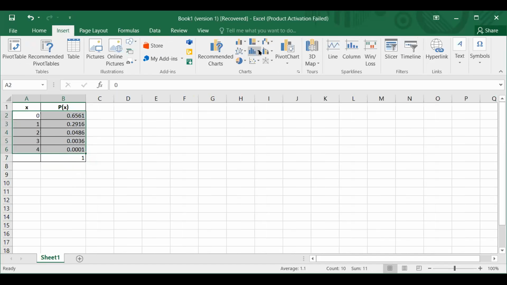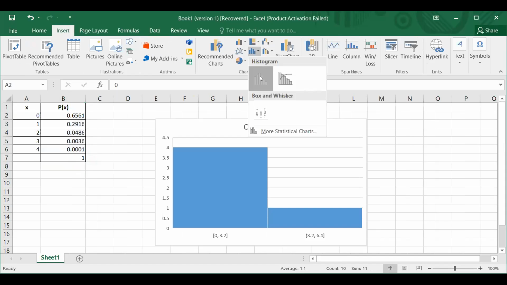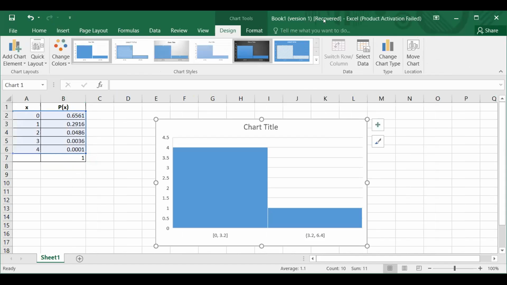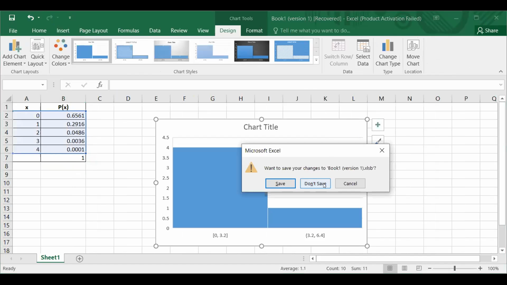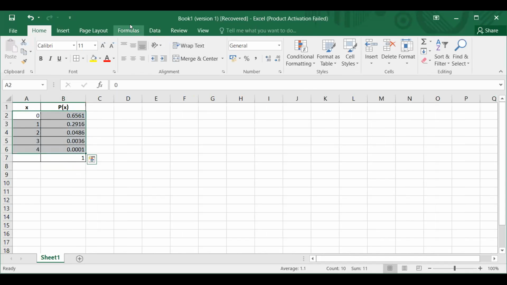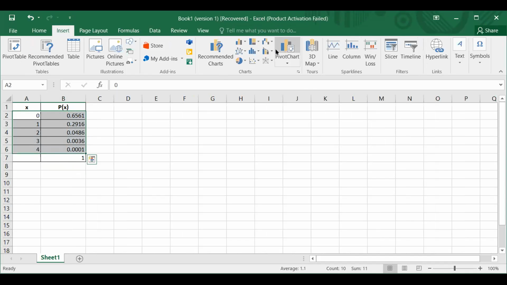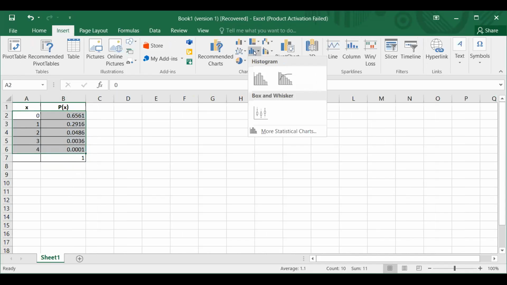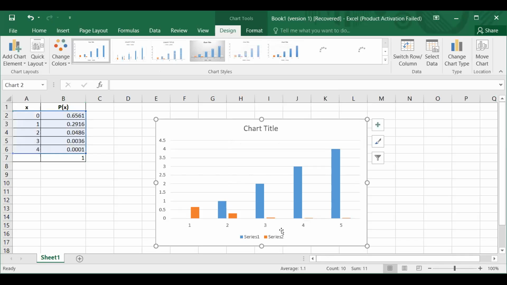Insert. For one variable, I have to draw this.